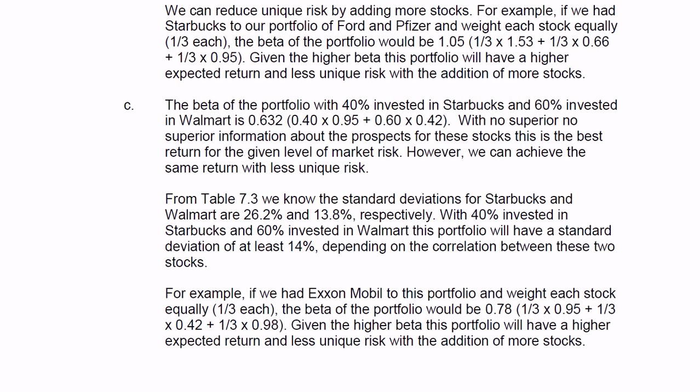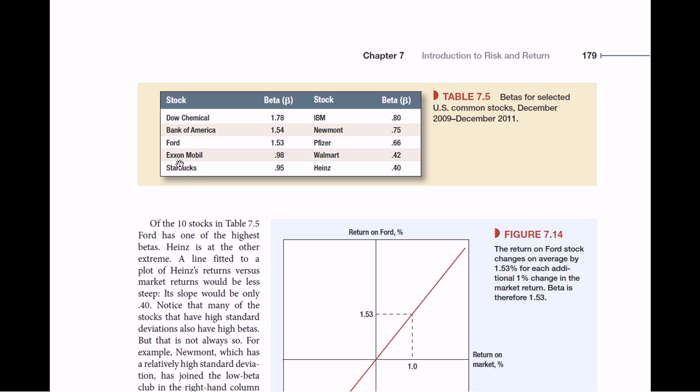From table 7.3, we know the standard deviations for Starbucks and Walmart are 26 and 13. So Starbucks is here, Walmart is here.